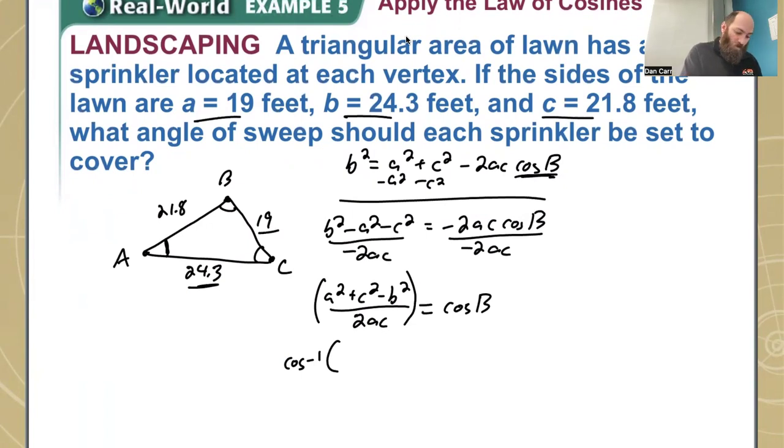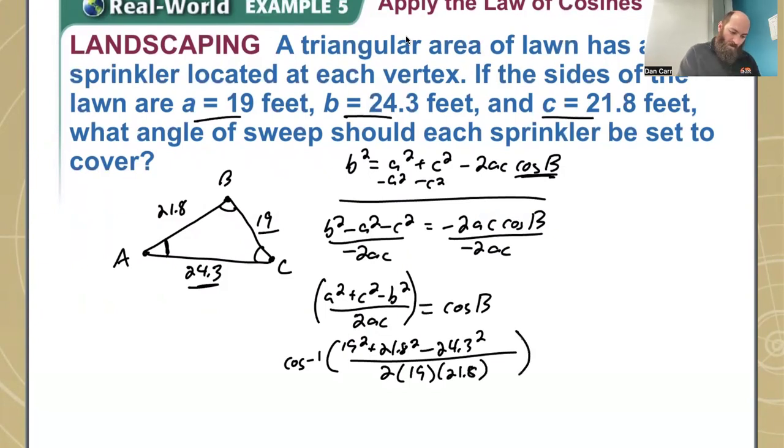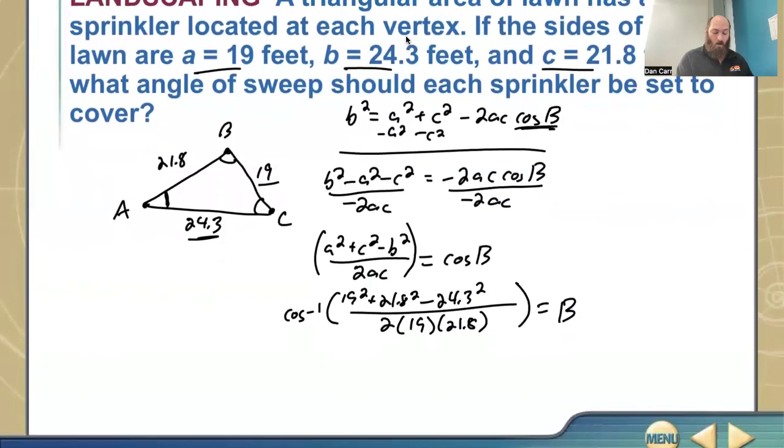So in this case, I'm going to do 19 squared plus C squared, which is 21.8 squared, minus B squared, which is 24.3 squared, over 2 times A, which is 19, times C, 21.8. Okay. And the inverse of cosine of that is going to tell me my measure of my angle B. So I'll do inverse cosine.